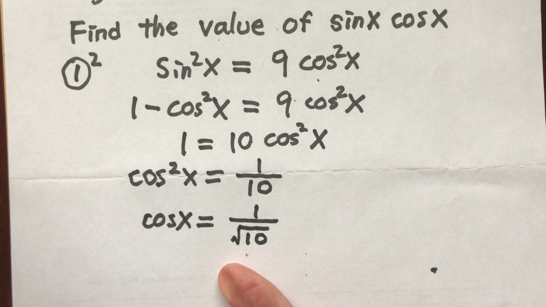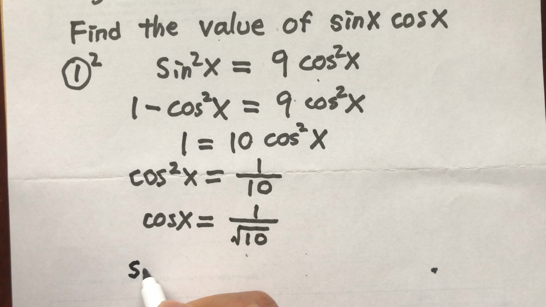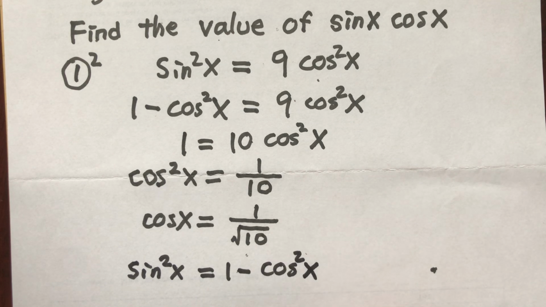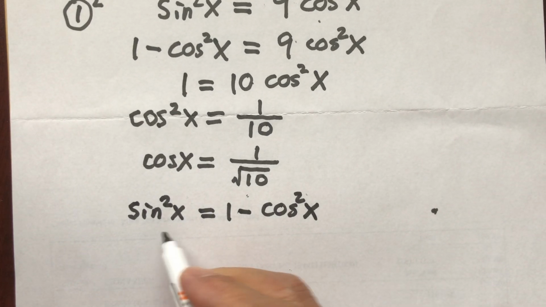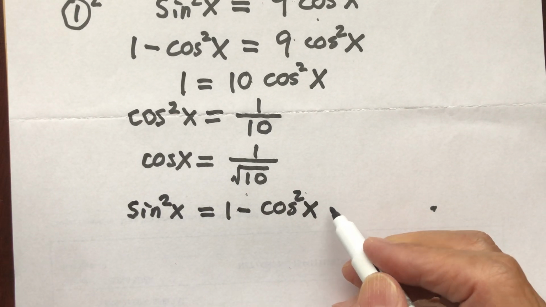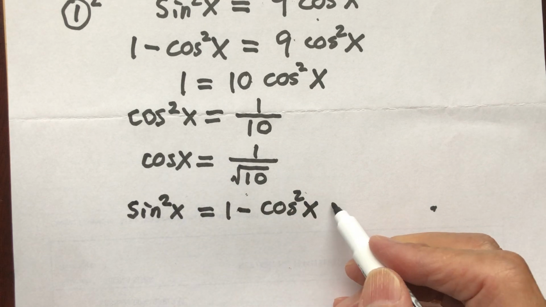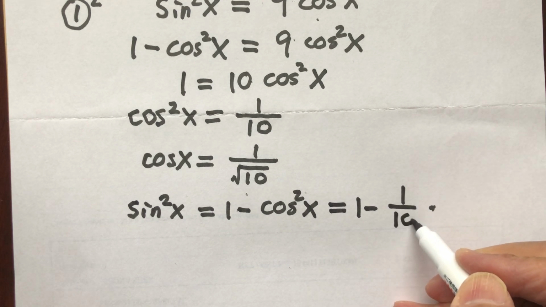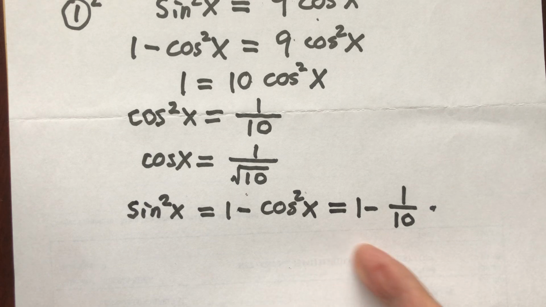Once I have cosine x, I can find sine x, right? So sine x, again using this, sine square x is 1 minus cosine square x. Again, this is the identity. And then I have cosine x already. So what is this?